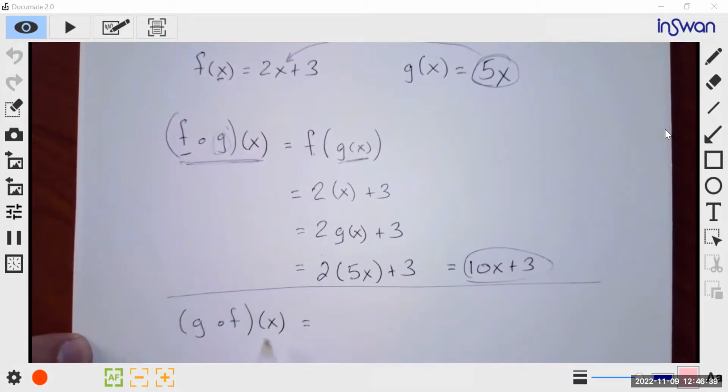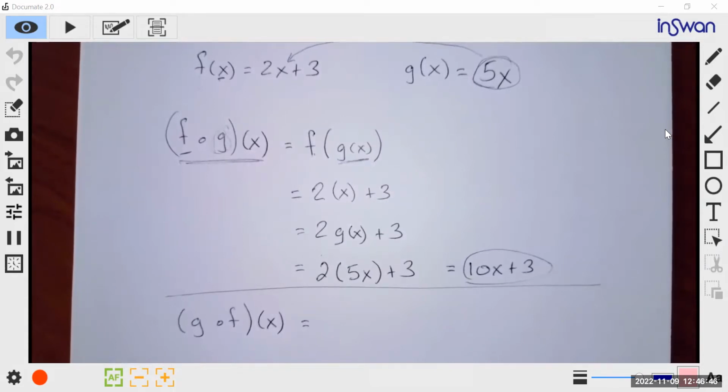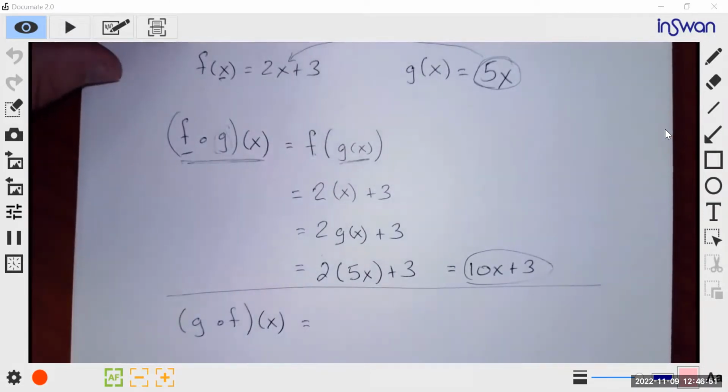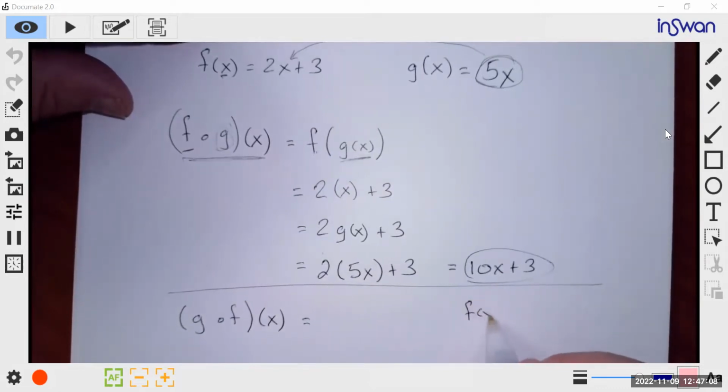Okay, with the same functions, find me Goff. With the same 2 functions. As we know, f of x is 2x plus 3. G of x is 5x.